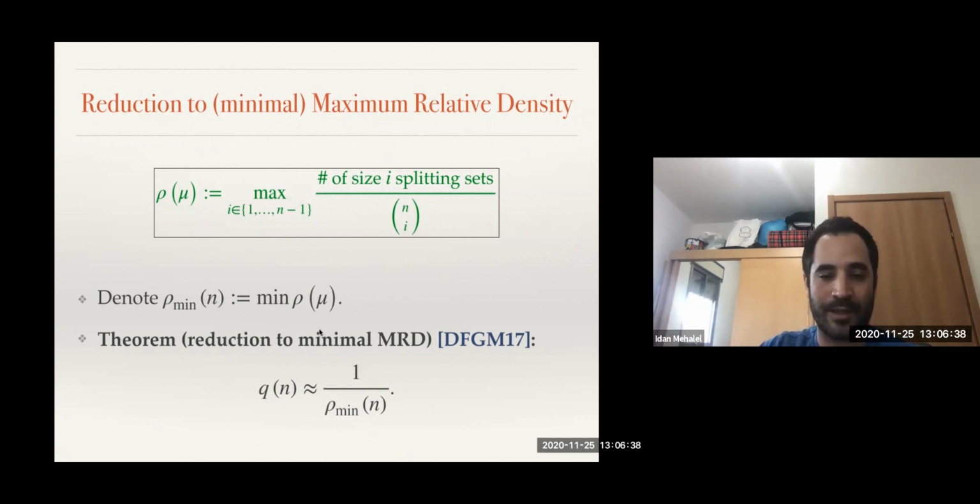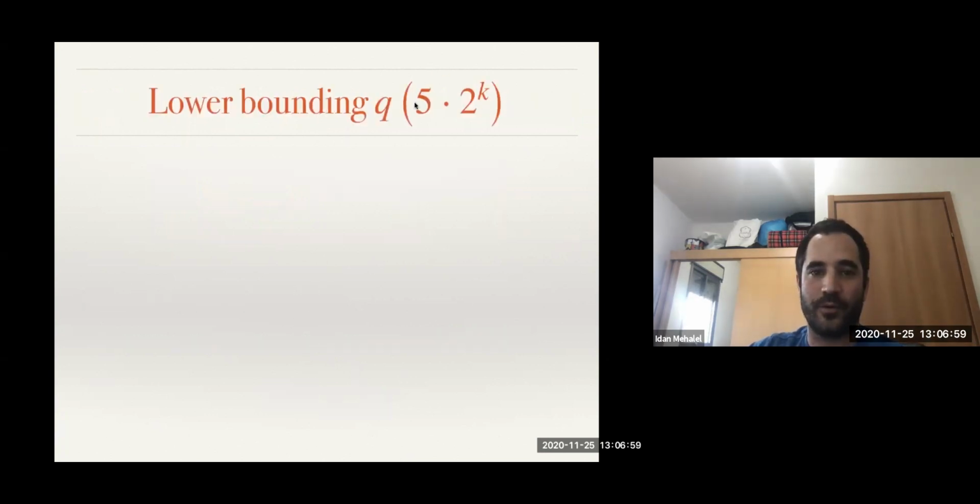So this is the reduction, and they use it to upper bound and lower bound Q of n, namely to lower bound and upper bound the minimal MRD of n, because this is 1 over the minimal MRD of n. And we will now shortly discuss the lower bound of Q of n for n of this form.